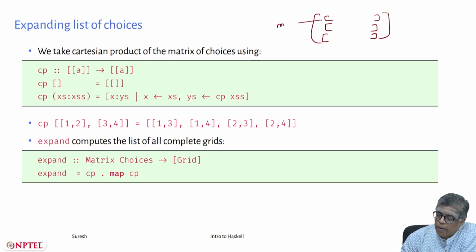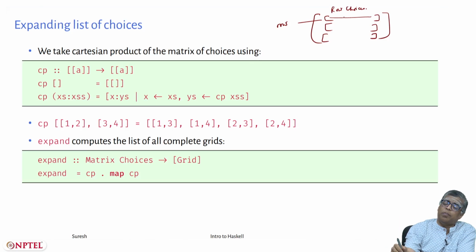Each is a row, but this is also a list of choices, a row of choices. So I need to apply CP on each row, which means that I need to map CP on the matrix. On the matrix of choices, I need to map CP, which will go to each row and apply the CP function.